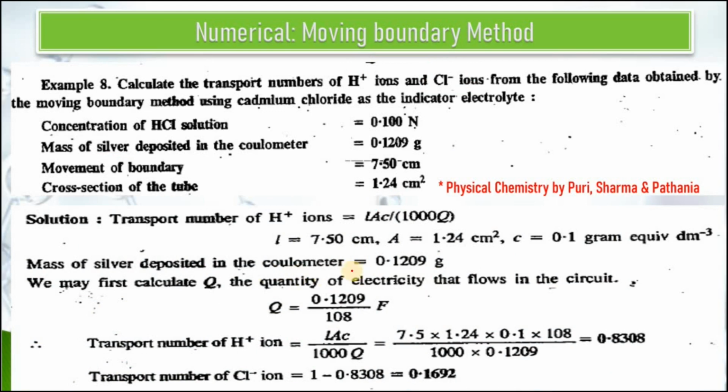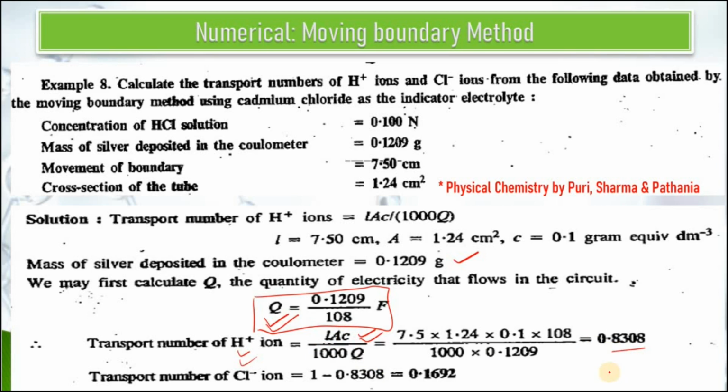Here is the solution. You can find out the mass of silver deposited, this much. It will help us to find out the total quantity of electricity that flows in the circuit, and as I told, it is the result of the second law of electrolysis. So the transport number of hydrogen ion is obtained by substituting the values of L, A, C and Q in this formula.